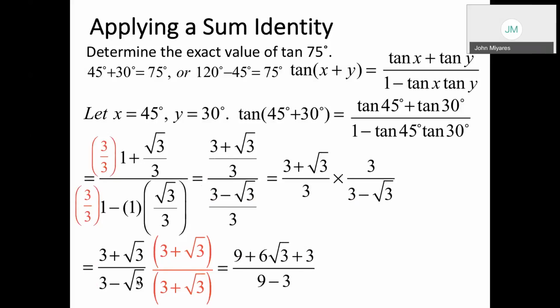You'll be left with 9 minus 3. Simplifying both the numerator and denominator a bit, we'll get 12 plus 6 square roots of 3 all over 6. For the cleanest possible answer, we can factor out and cancel a 6 out of both the numerator and denominator to get our final answer as 2 plus the square root of 3.